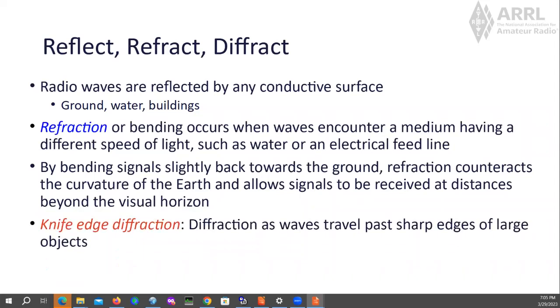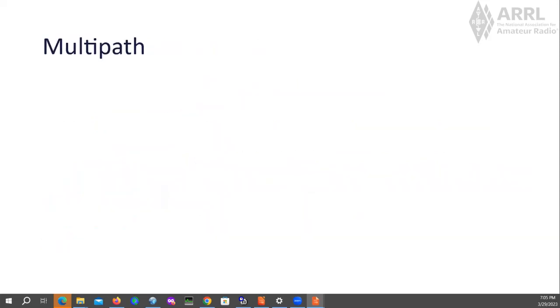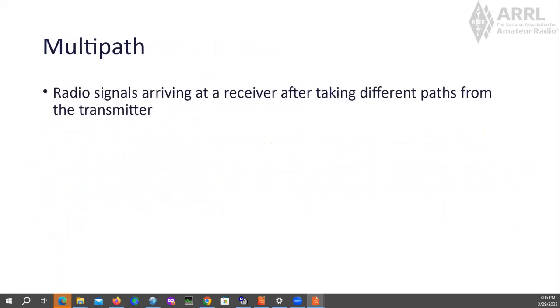Knife edge diffraction. Diffraction is waves travel past sharp edges of large objects. Multipath. Radio signals arriving at a receiver after taking different paths from the transmitter.